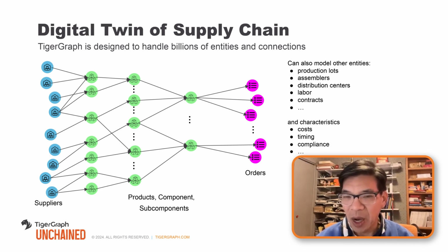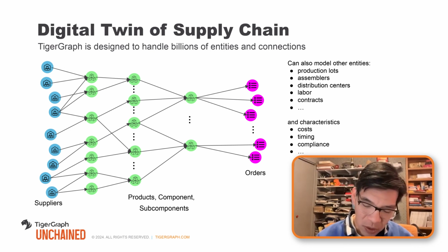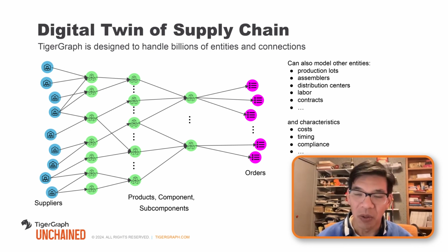Then you think about how many components and ingredients go into all those things. That's a multiplier. And there can be multiple stages. It's not just one level of manufacturing, it's multiple stages. Then those come from different suppliers. You want to be multi-sourced when possible. You don't want to rely on a single supplier. So that means there are multiple suppliers. You're crossing national boundaries. You have different assembly facilities.